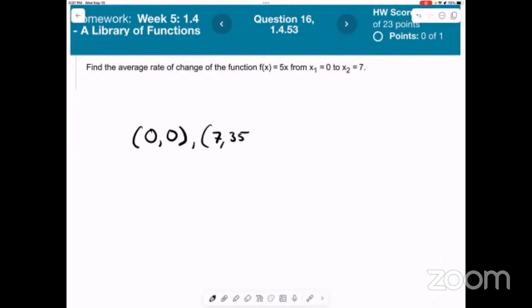Whenever I have ordered pairs like this, I like to label them x1, y1, x2, y2. We're finding the slope, which is the rise over the run, the change in y over the change in x. So that's y2 minus y1 over x2 minus x1. Again, this is our slope.